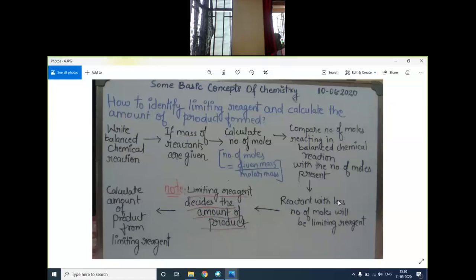Now after identifying the limiting reagent, we are going to calculate the amount of product formed from it, because the limiting reagent decides the amount of product. Using this relation we can easily calculate the amount of product. So let us go to one problem that will make it clearer.